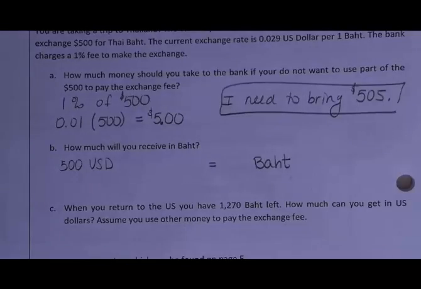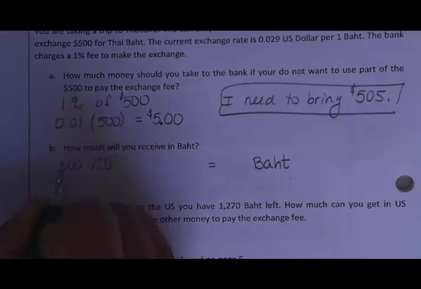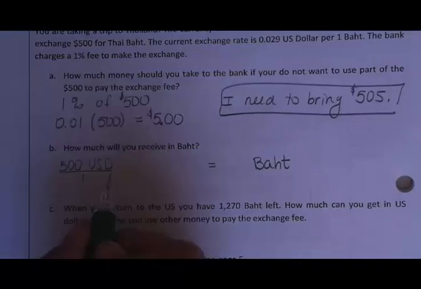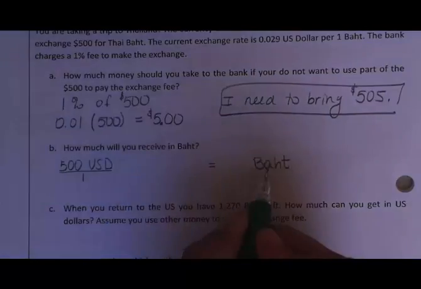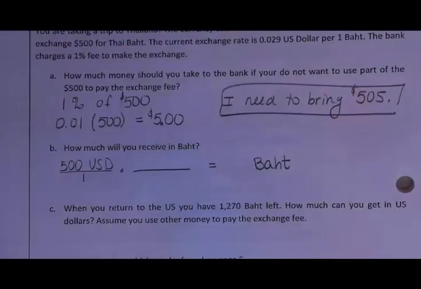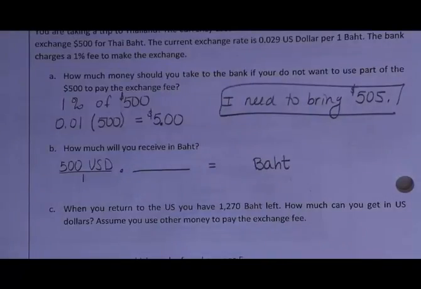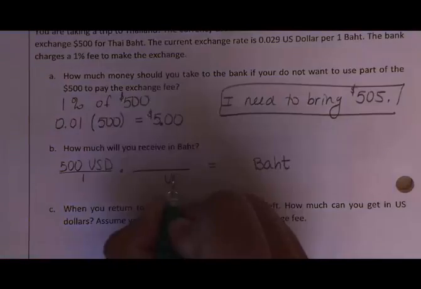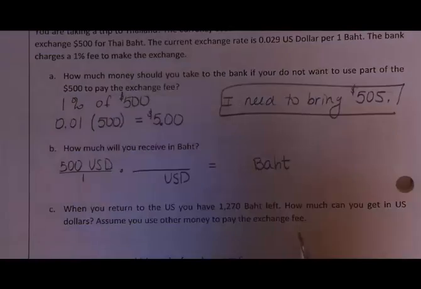I'm going to start out 500 US dollars over 1. That's my fraction. I don't want US dollars in my final answer. So when I multiply by another fraction, where can I put US dollars so that it basically reduces out with this US dollar? That's right, I can put it in the bottom.